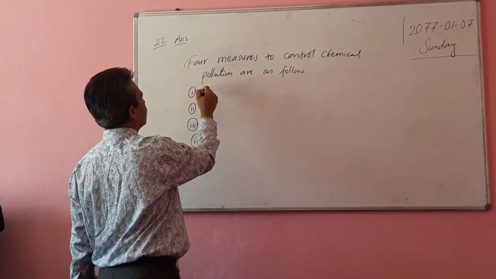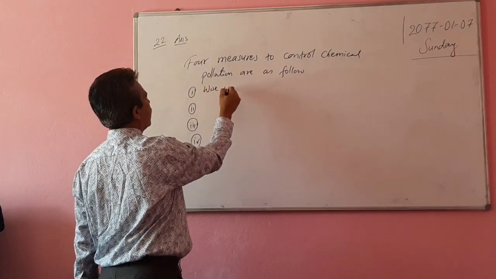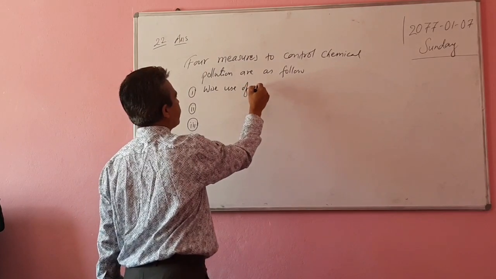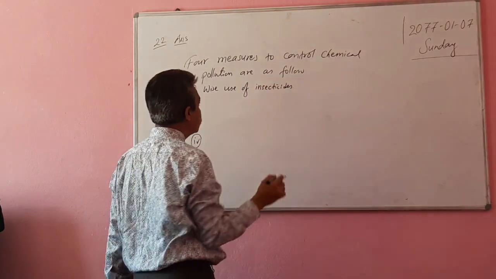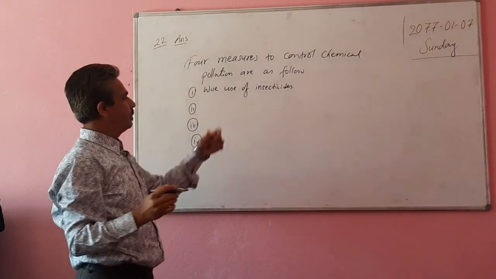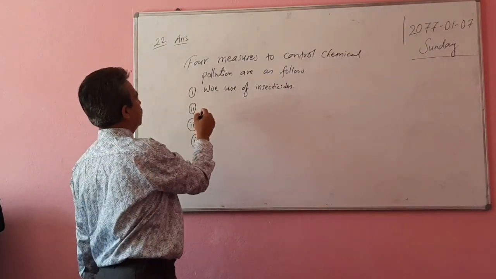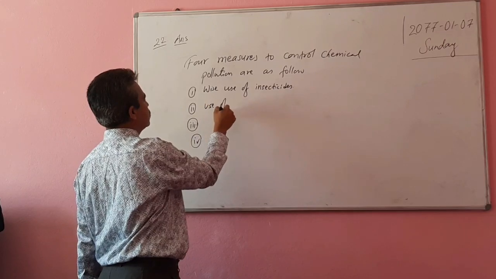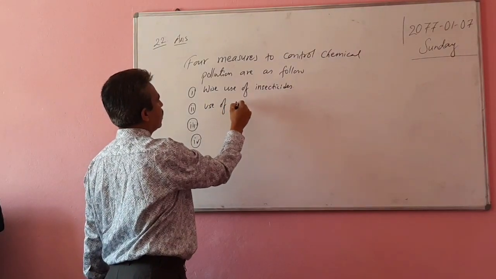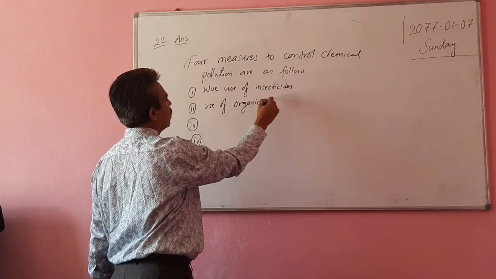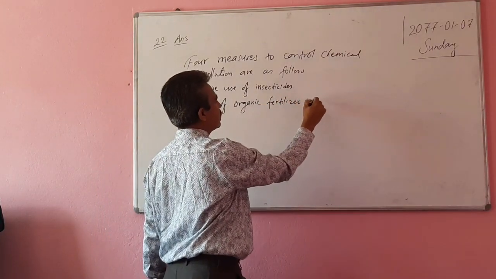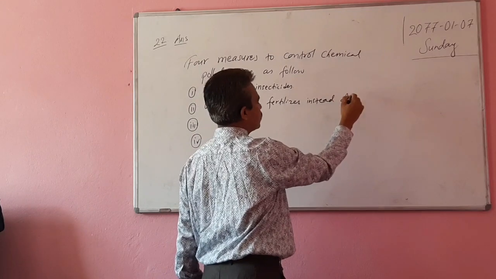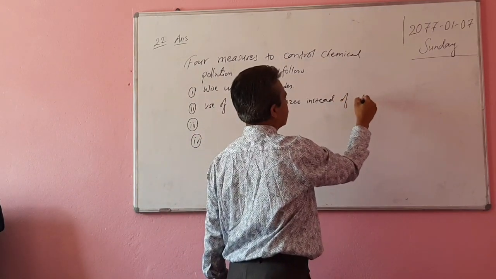Number 1, wise use of insecticides. We have to use insecticide very carefully. Next one, use of organic fertilizer instead of which fertilizer? Chemical fertilizer.